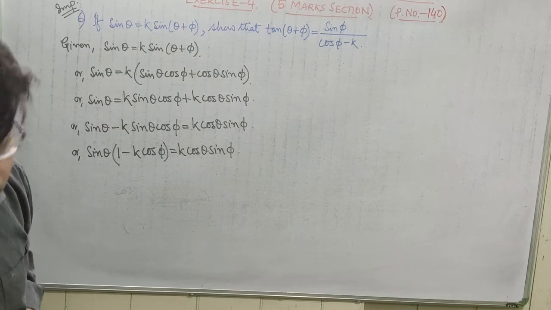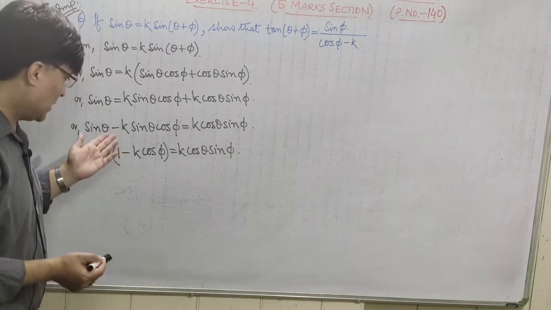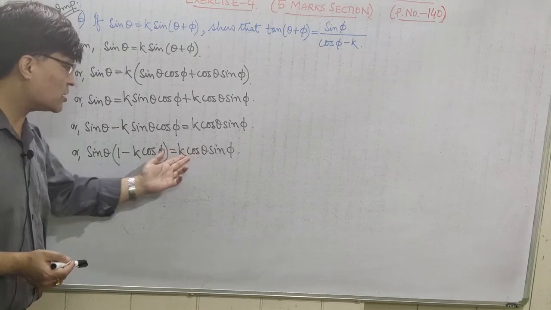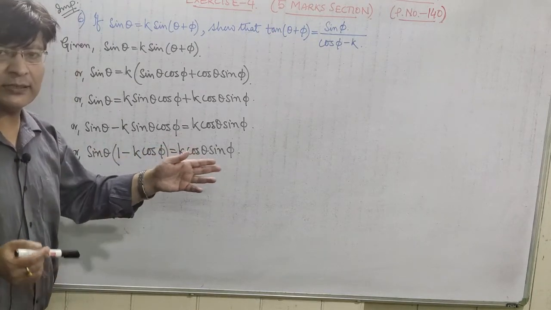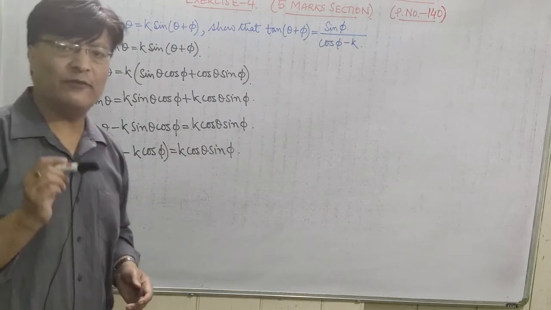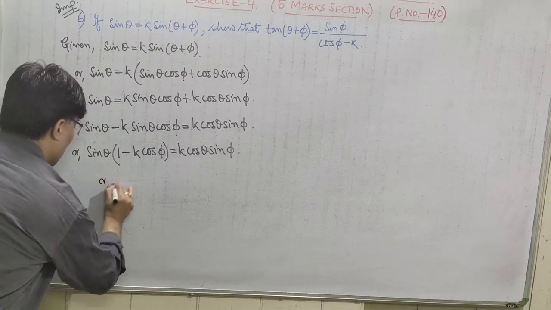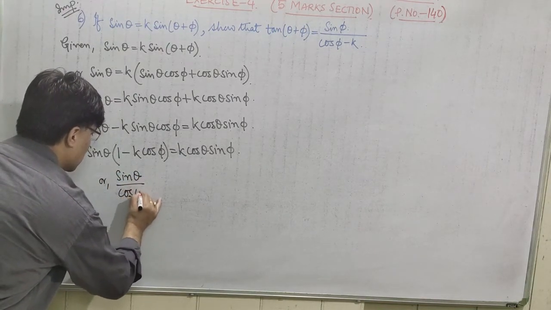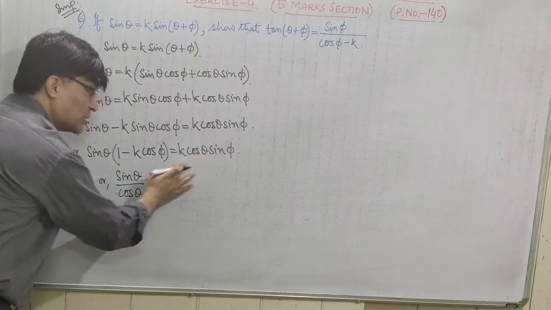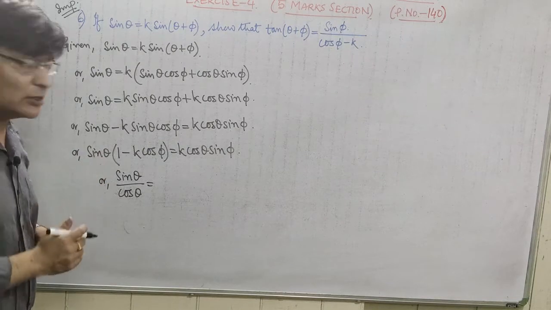Okay. So in the next step, what will you do? Now in this case, let us take this cos θ to the left hand side and 1 − k cos φ to the right hand side, so that we can get the value for tan θ in terms of φ. So now this is sin θ divided by cos θ, since cos θ is taken to the left hand side. You should write it in the denominator.